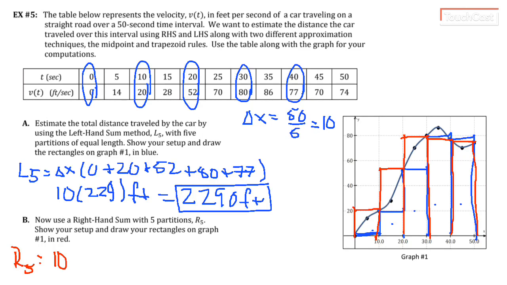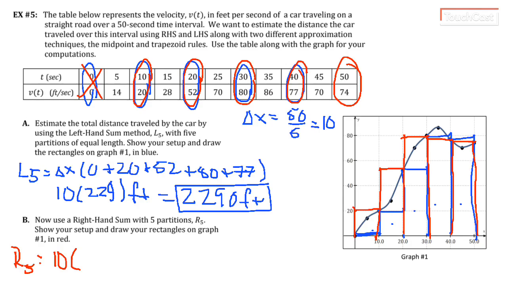So delta x we know is 10. We're going to look at from the right. So we've got here at the 50. We've also got the 40, 30, 20, and 10 values. We're ignoring this 0 this time.